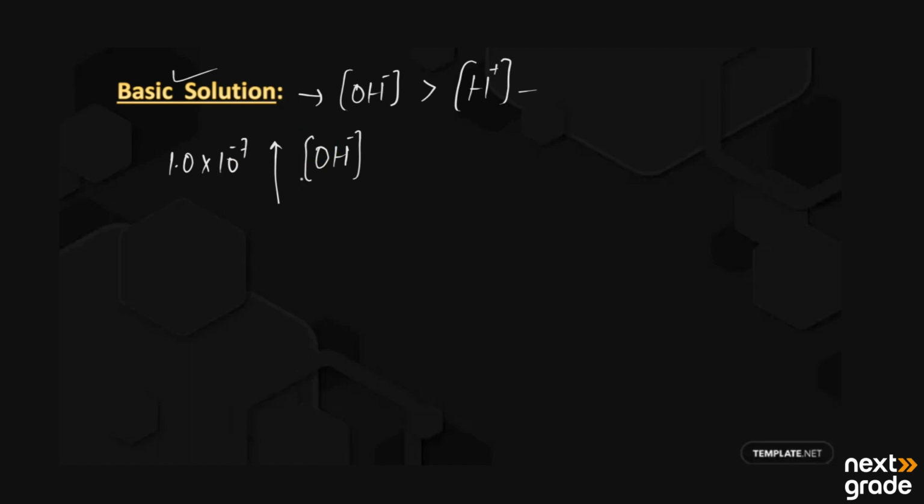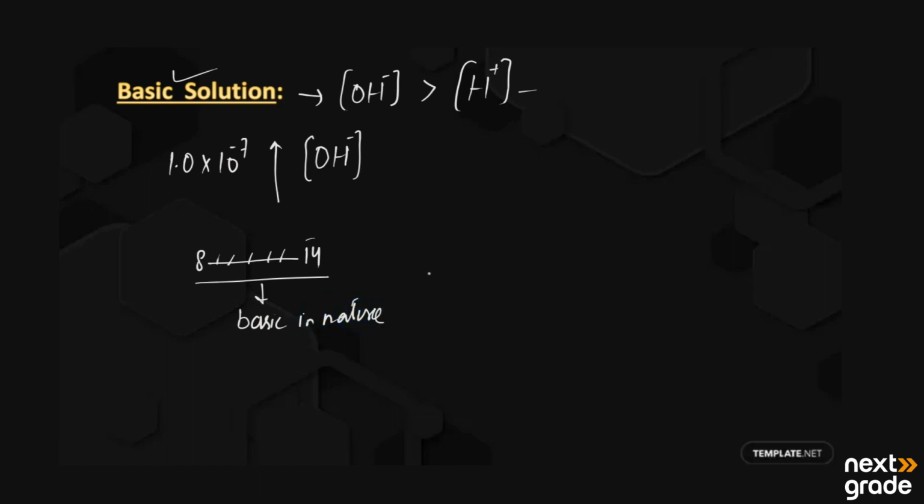The main scale for basic solutions starts from 8 to 14. If the solution has a pH of 9, 10, 11, 12, 13 or 14, then the solution is said to be basic in nature.